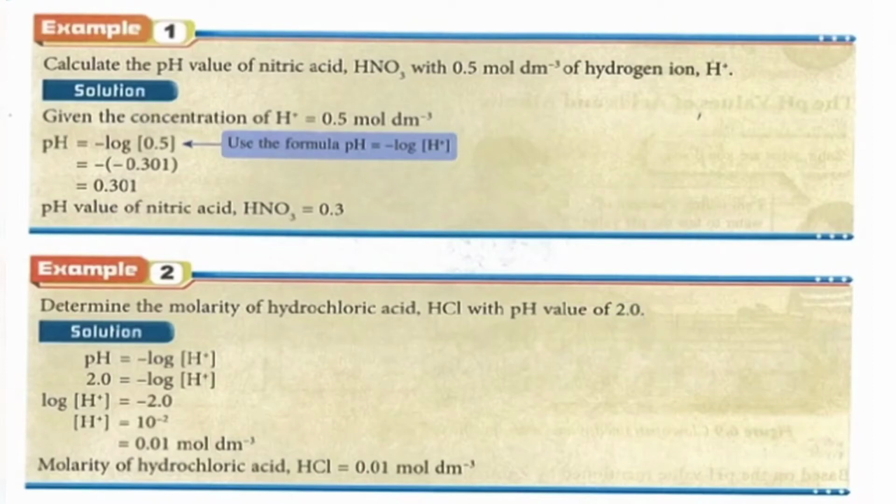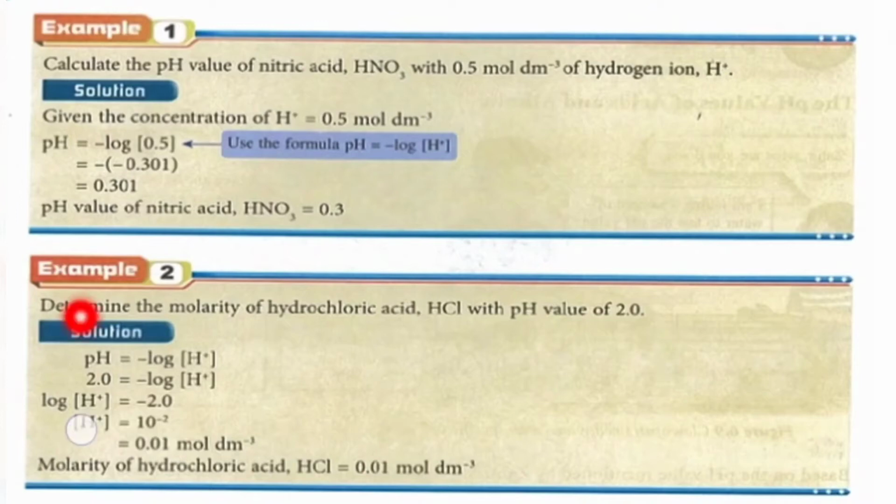Example number 2, determine the molarity of HCl with the pH value of 2. So now we want to determine the molarity. The pH value is now given. So we just use the same formula, pH is equal to negative log the concentrations of H+. Okay, so given the pH is 2, we want to find the concentrations of H+. So we just put the log H+ here in the left hand side, the 2 here becomes negative.